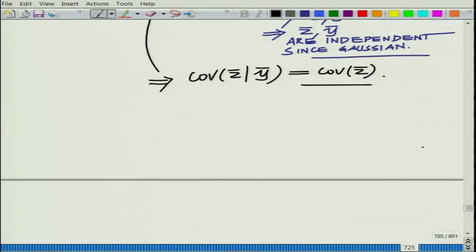Now, we simplify this covariance of z bar. Remember, z bar is a 0 mean random variable.